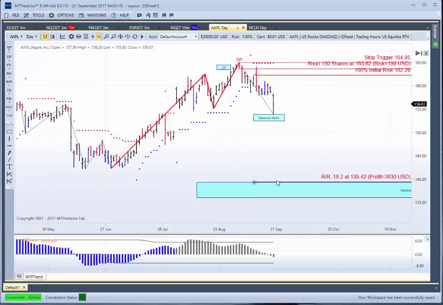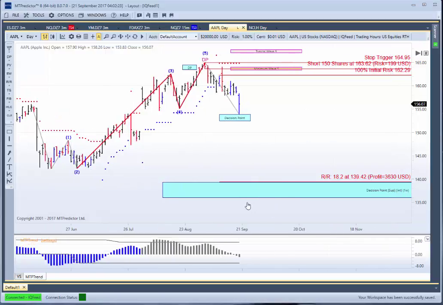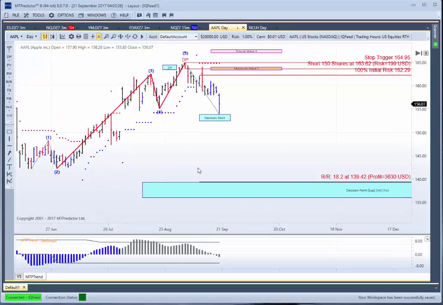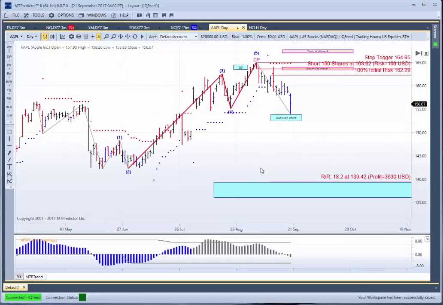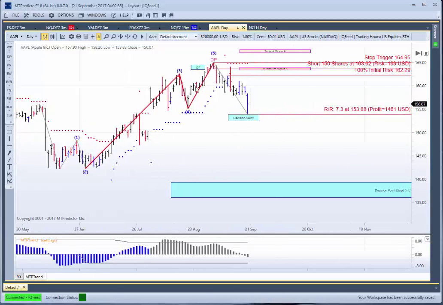So it'll be very interesting to see whether Apple does indeed carry on declining and go down into this weekly decision point support just under the 140 area, or whether the only decline that it was going to have was down into this first target down here. Either way, very nice trade, and Apple has declined as anticipated.